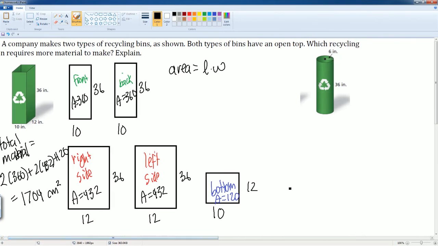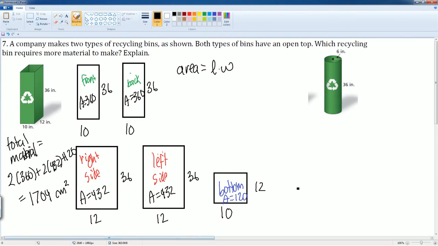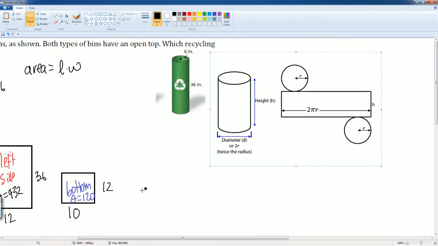All right, and then we can do the cylinder. It's like number 6 when you break down its net. But remember, it's an open top, so we just remove this.